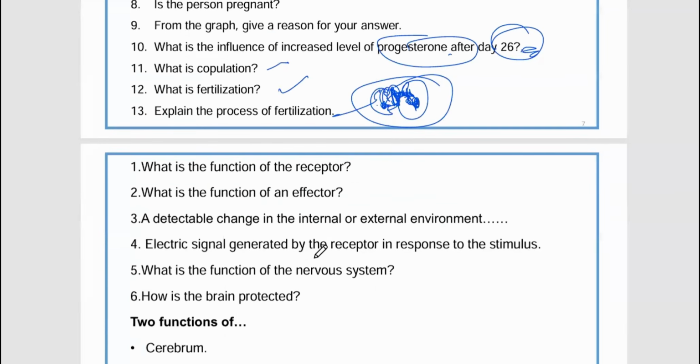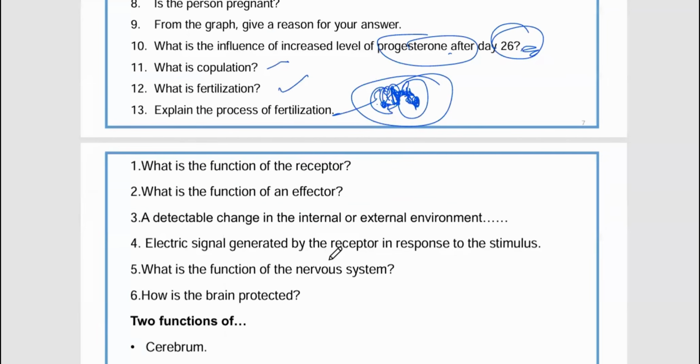Okay. What's a receptor? A receptor is an organ which receives, detects the changes in the environment. So it receives, it's a receptionist. Effector: it brings about the effect after the change has been detected. A detectable change in the internal or external environment is called a stimulus.